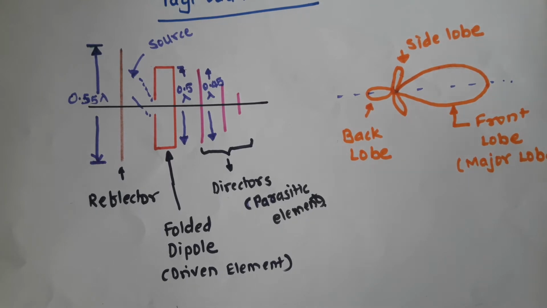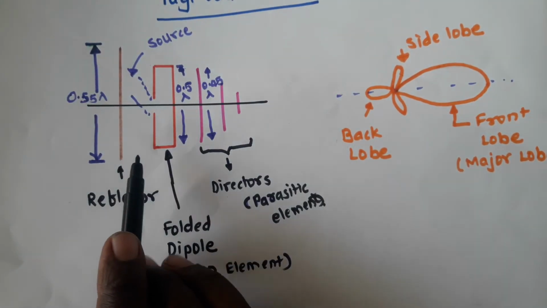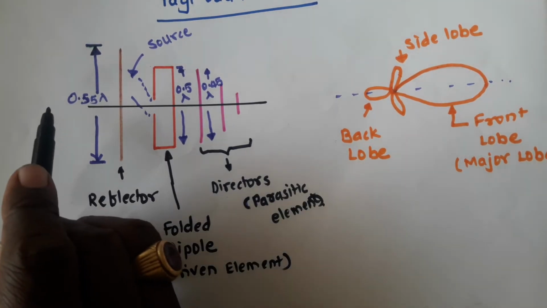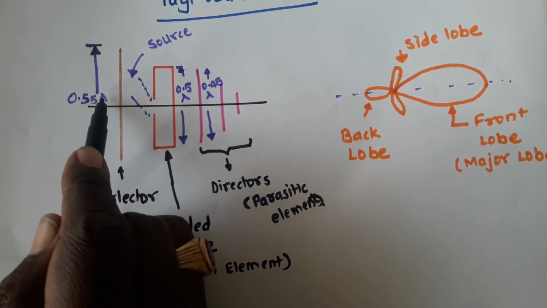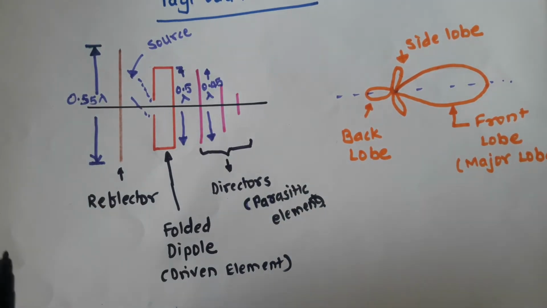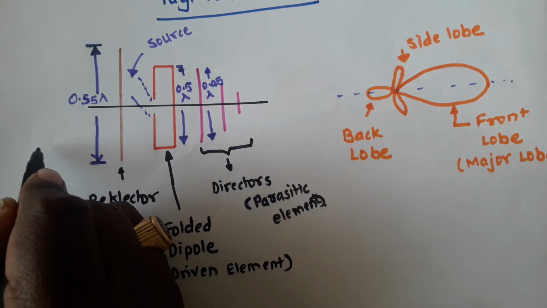Now as per the mathematical calculation of the Yagi-Uda antenna, the reflector is the longest element. It has a length of 0.55 of lambda, right, where lambda is the wavelength of the signal. So how can we calculate this wavelength? It is by the frequency.